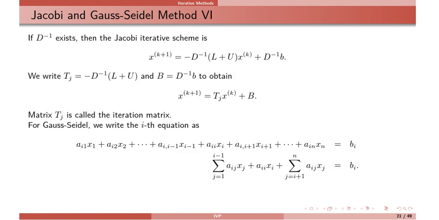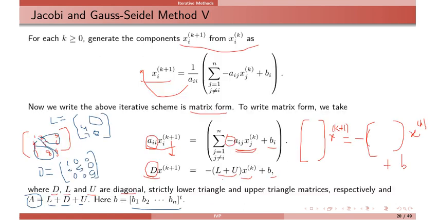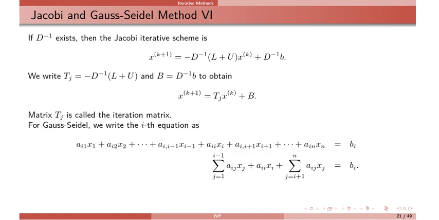So if D inverse exists, I am solving for x^(k+1). So pre-multiply with D inverse, and you get x^(k+1) equal to minus D inverse (L plus U) x^k, and I am writing a notation for this. This is called the iteration matrix.